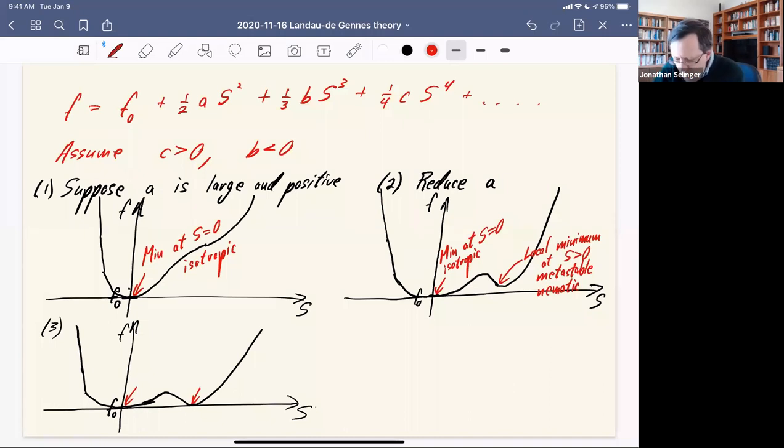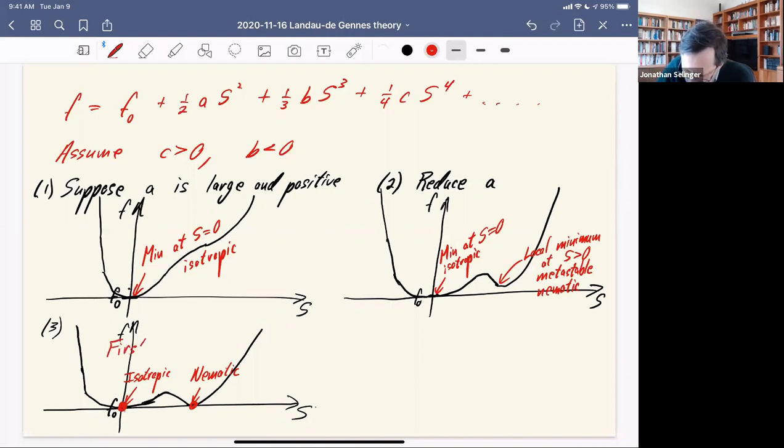This is then right at the transition between isotropic and nematic. So at this particular set of parameters, we're right at a first order transition where the system can jump from this state, isotropic, to this state, nematic.